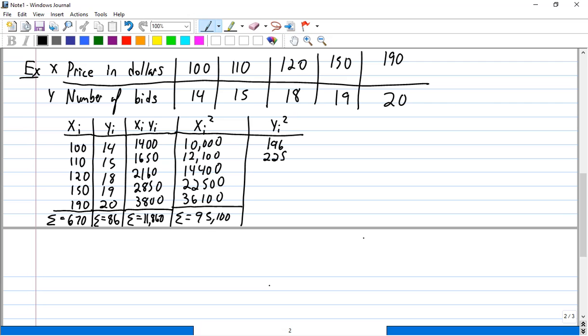Now I'm going to do the sum of all of my y squared. So I've got to find y squared to do that.